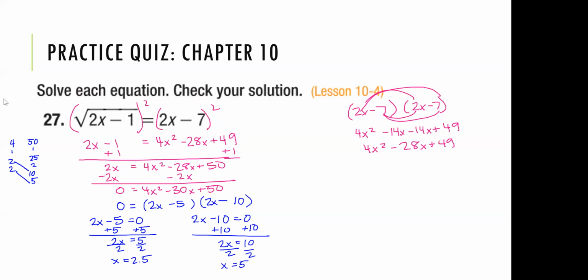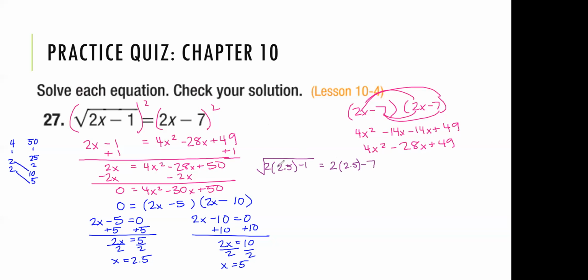Now we need to check our answers. Remember it said to check for extraneous solutions, right? So I'm going to plug in 2.5 for x and see if I get a true statement. The square root of 2 times 2.5 minus 1 is equal to 2 times 2.5 minus 7.